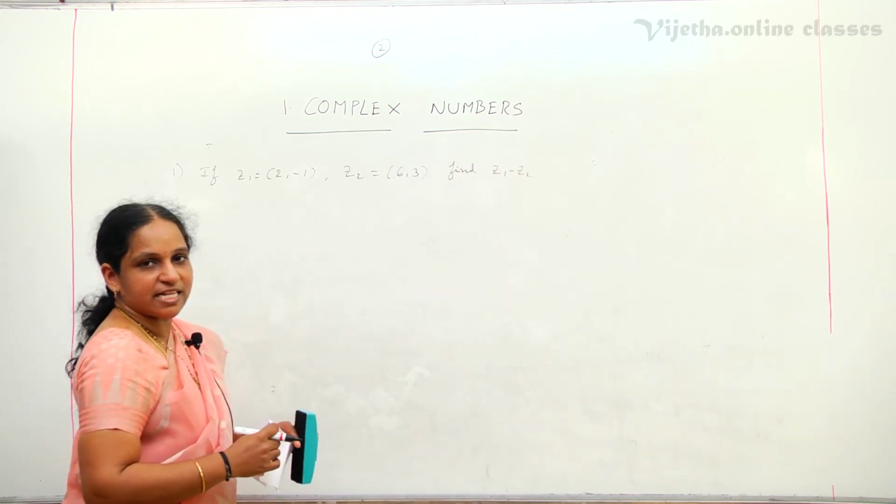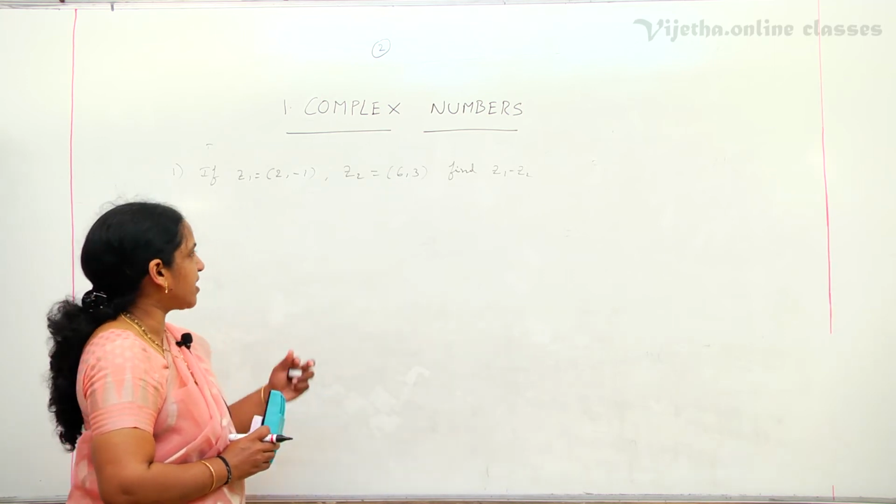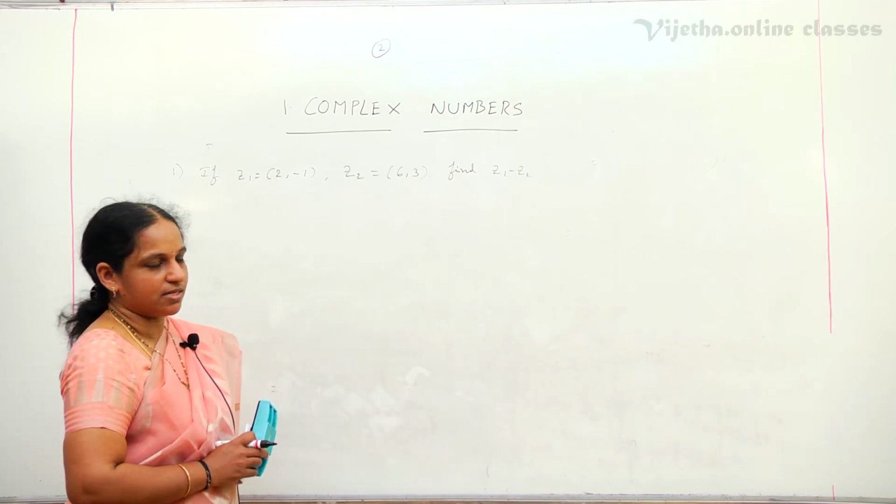That means the difference of the complex numbers. Here given two complex numbers Z1 and Z2, find the difference of those two complex numbers.